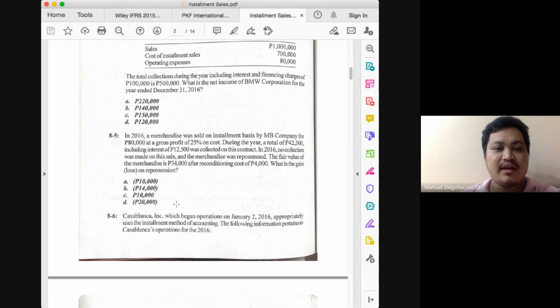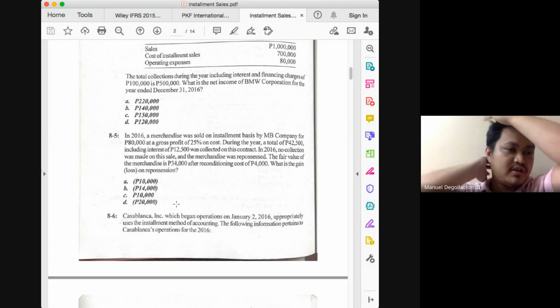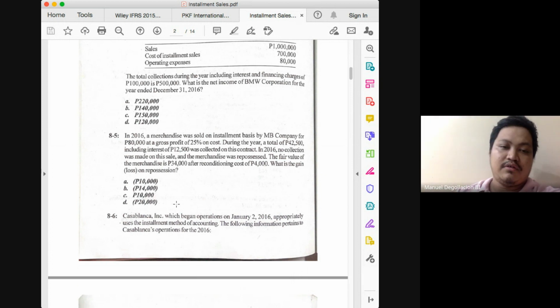Okay, and again, unrecovered cost, you only need two things, the market value and the unrecovered cost. The unrecovered cost is simply the cost component of the remaining receivable that is not fully collected. So for you to be able to determine your unrecovered cost, you will have to determine the remaining balance of the installment receivable that ended up not being collectible.